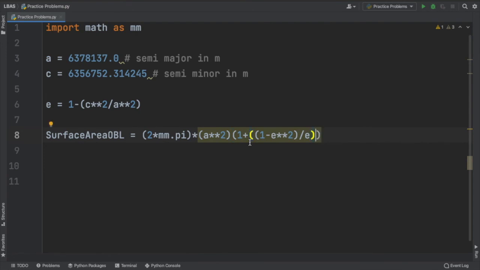Here I will have to multiply it with a tanh of e. Let me add another parenthesis. I know I'm overdoing these parentheses, but it's always good to overdo them instead of not using them at all.